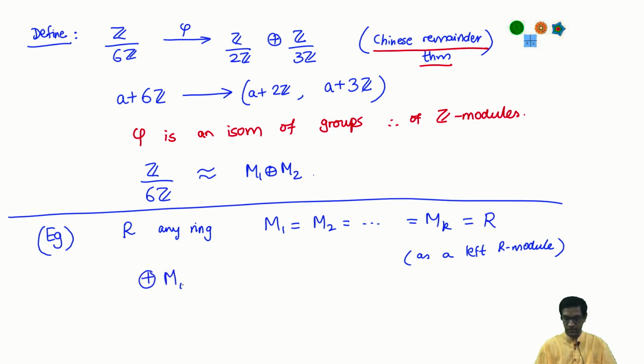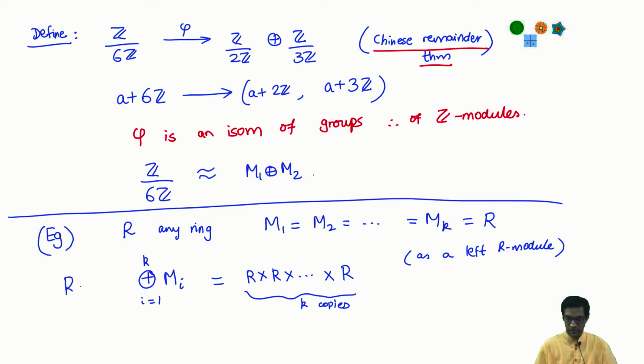So the direct sum of the Mi, i ranging from 1 to k. Well, by definition, as a set, it's just M1 cross M2 cross ... Mk. So in other words, it's k copies of the ring R itself. As a set I am just forming the cross product of R with itself k times.